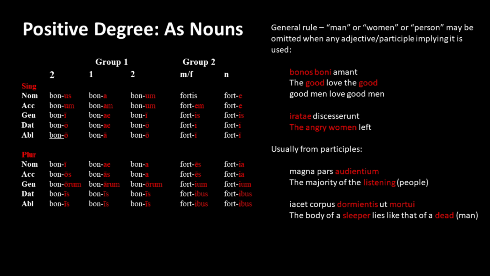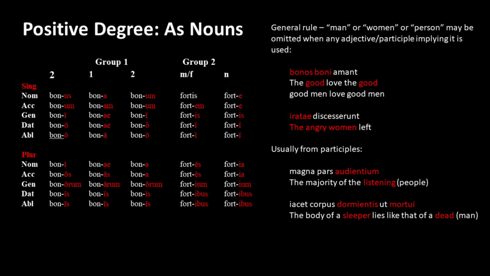But why should that sentence cause any trouble? Although there is no noun qualified by dormientis and no noun qualified by mortui, you don't need one. Here's the translation I've given. The body of a sleeper lies like that of a dead man. Well, that's not very elegant, but I'm sure you can do better than I can. But there it is. We're not talking about the body of a sleeping toad, are we?